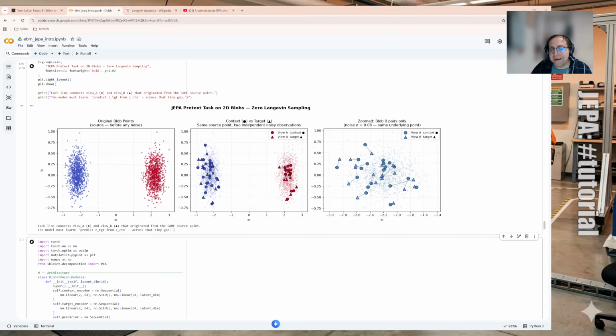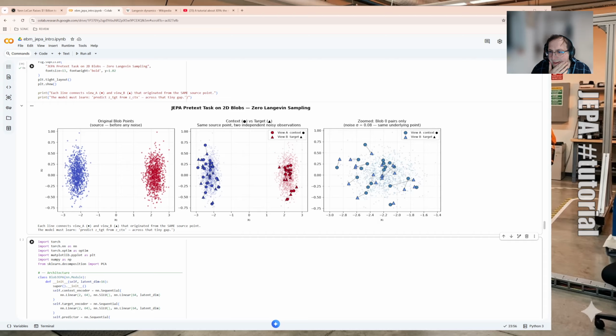Okay, so let me repeat it again. The job of this model is to give you similar embeddings for a circle and a triangle from the same blob, let's say the blue one, but different embeddings for pairs from the opposite blob.